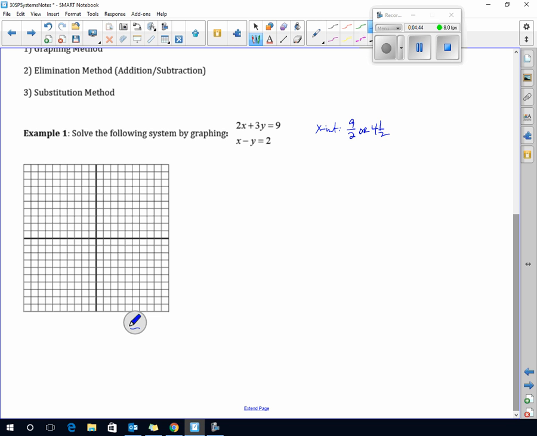So this is my y-axis, my x-axis, and you have to be fairly precise here and use a ruler. We're going to put a point on the x-axis at 4.5. 1, 2, 3, 4.5. And the y-intercept is at 3.